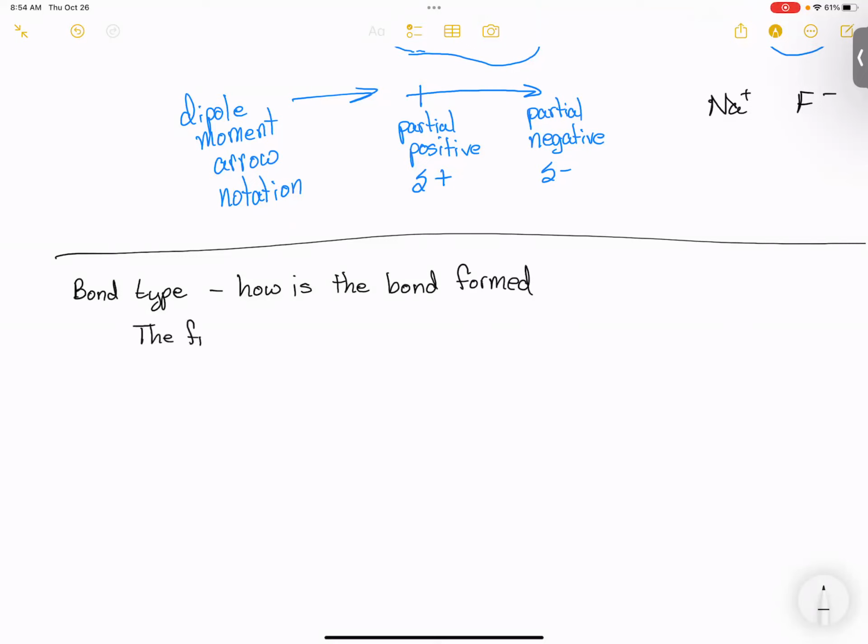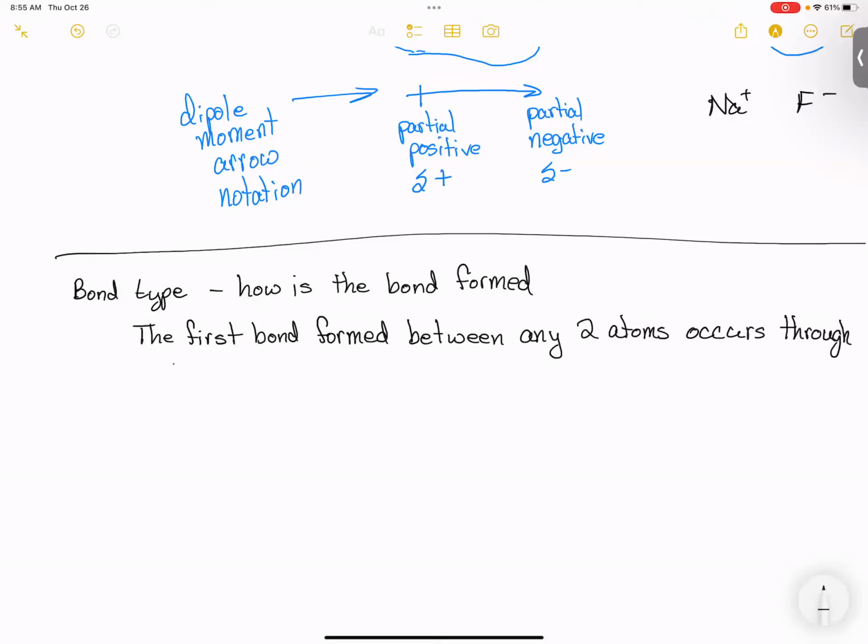The first bond formed between any two atoms occurs through direct overlap of orbitals.